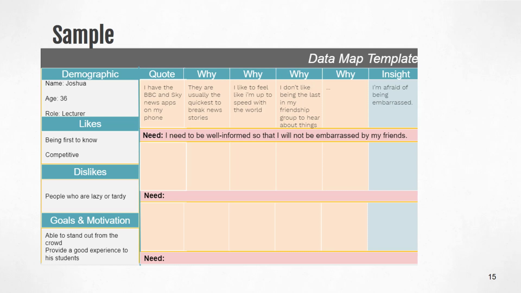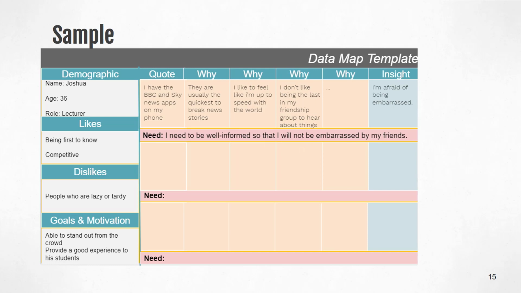So the insight in this case was that it's not just about what news app I use, but my concern is being last in my friendship group to hear about things. And if the insight is that I'm afraid of being embarrassed, then what this interviewee needs is that he needs to be well informed so that he will not be embarrassed in front of his friends. So I hope this is a good example.